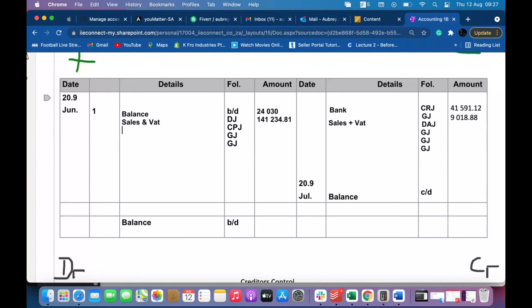So here all that we write is bank. And how much was that? 500.